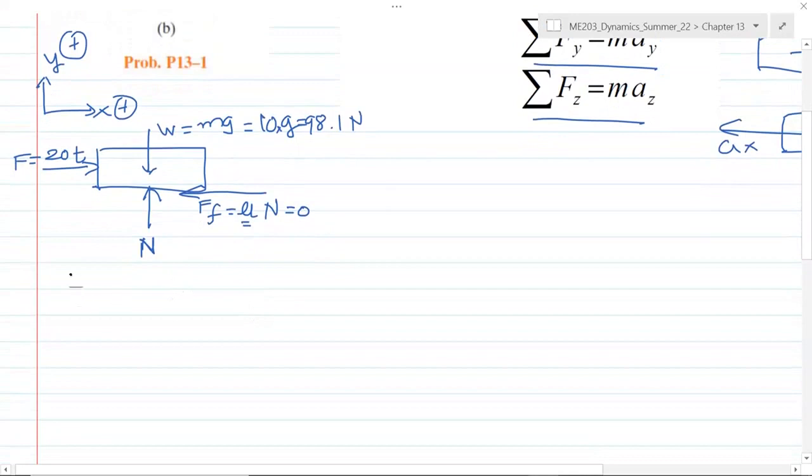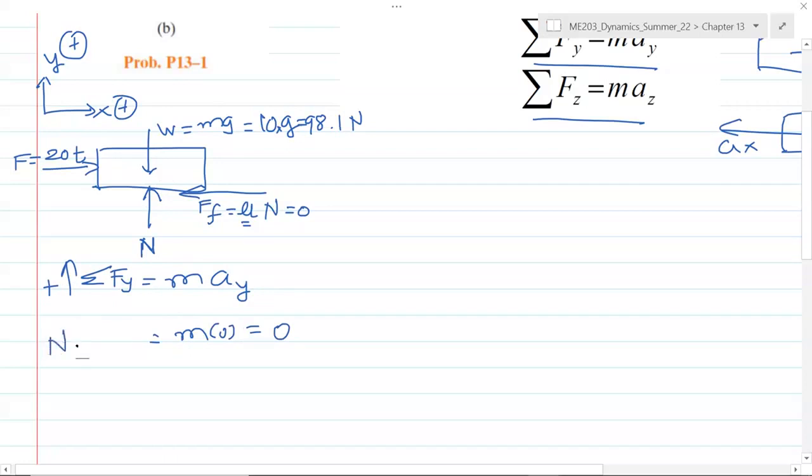The block does not have any vertical acceleration, so we have the equations. First let's apply sigma Fy equal to may, going up is positive. The block does not move in the vertical direction, so ay is 0, so it's m times 0, which is 0. The forces that we include here are normal force minus weight force. That means normal force is equal to weight force.